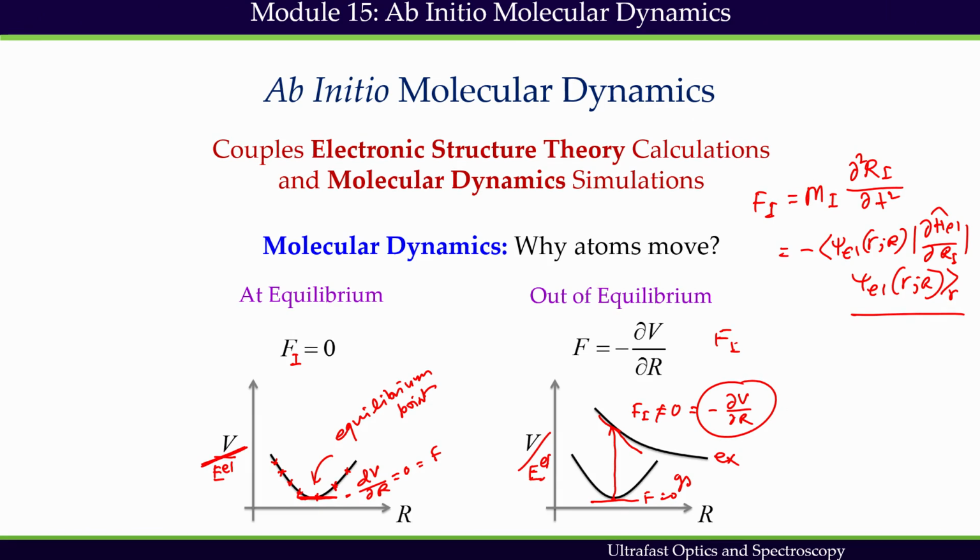So in this figure we are showing that at a point A, let's say, atoms of the system will not move, but at point B, at this point atoms should move because the system is out of equilibrium.